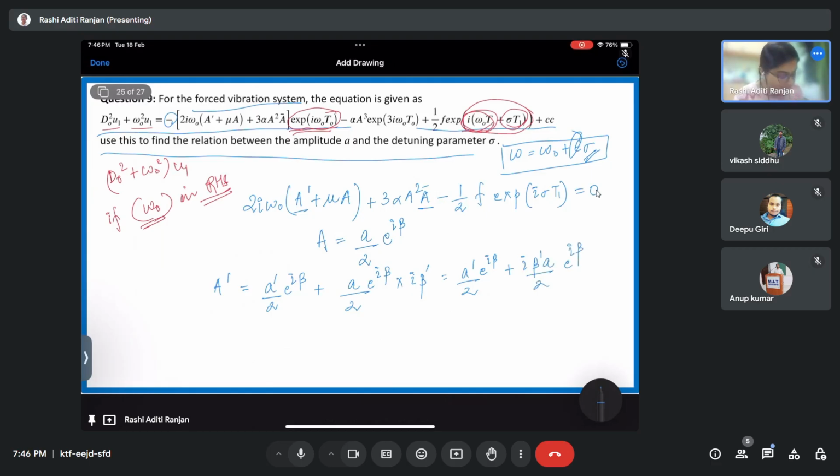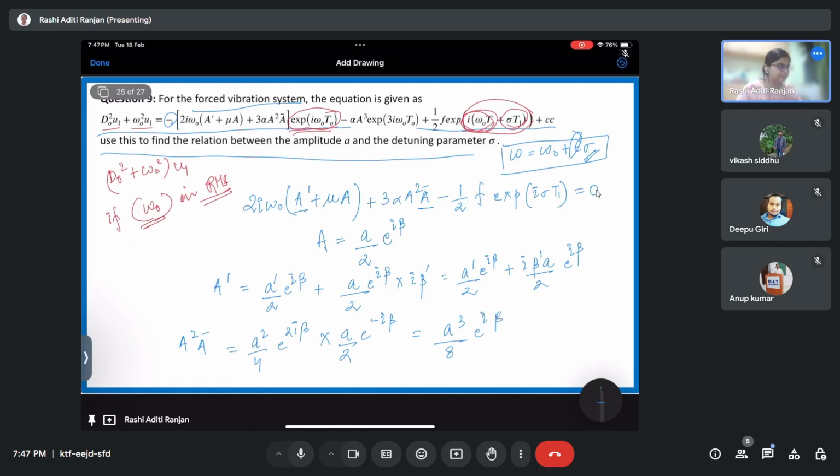Then I will find out a square into a bar, which will be nothing but a square by 4 e to the power 2 iota beta, and a bar is a by 2 e to the power minus iota beta. So this will give me a cube by 8 e to the power iota beta.